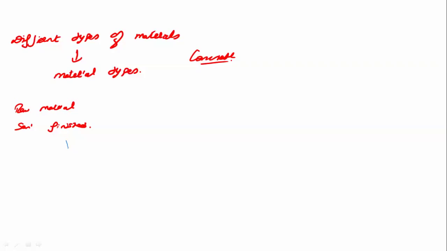If they tell you that they don't sell the concrete, in that case the views for the semi-finished material and the finished material will get decided. Why are you asking this question? Because when you're creating a material type, you have views in the material type: the sales view, purchase view, accounting view, costing view. Based on this answer, you will decide what views to maintain for each material type.